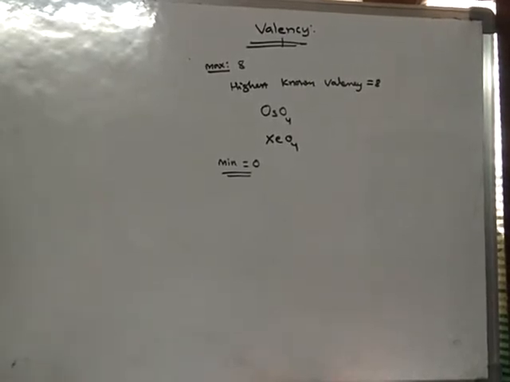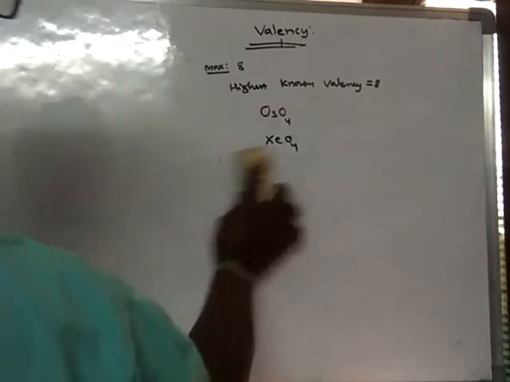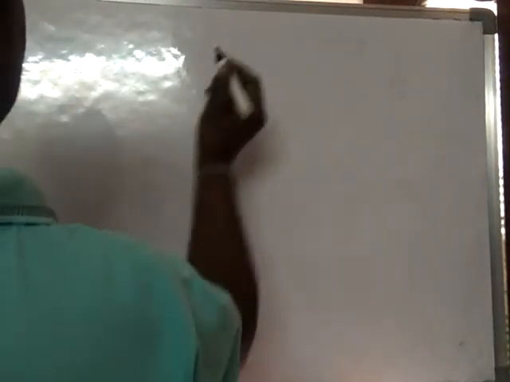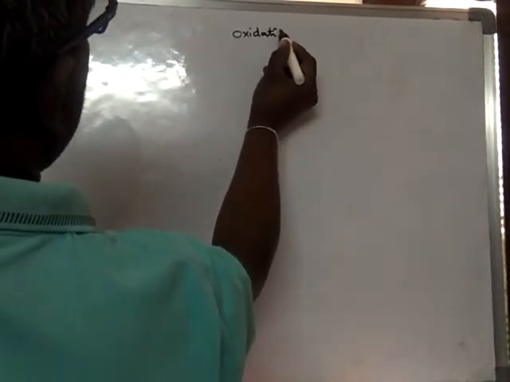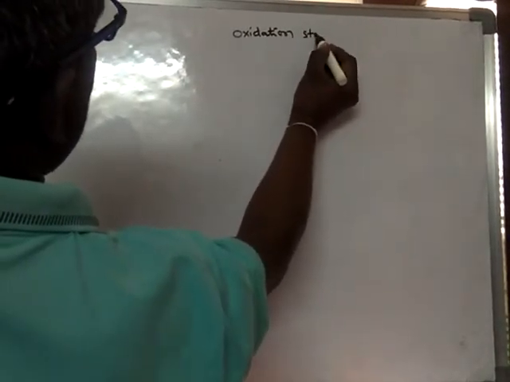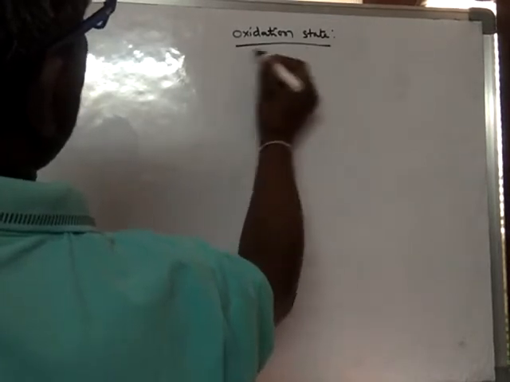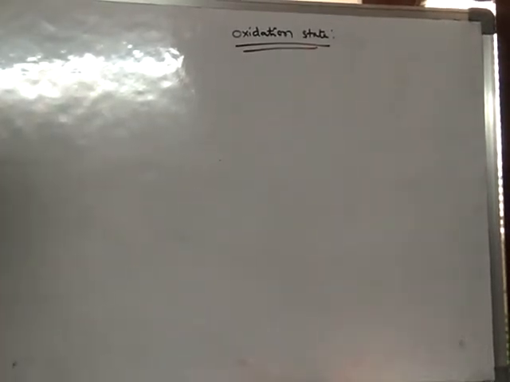Now let us learn about the oxidation state. Next property is oxidation state. What is oxidation state?